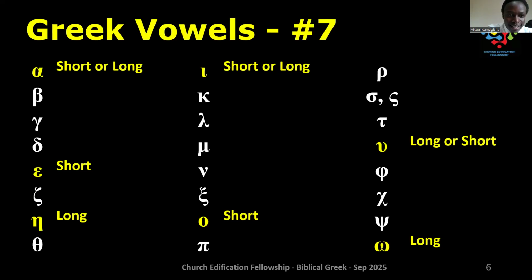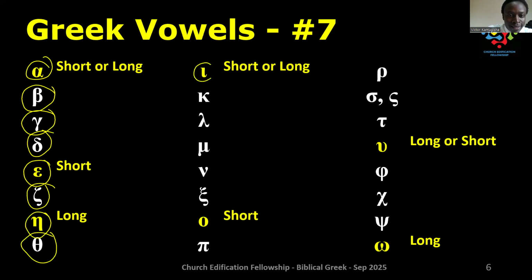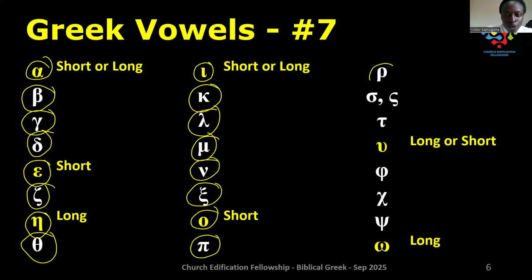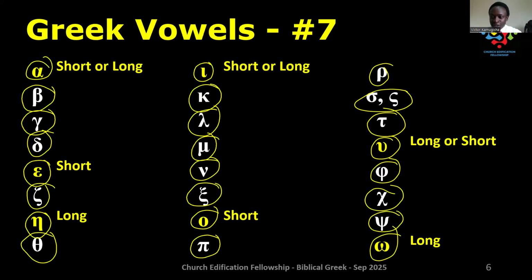The first one is alpha, beta, gamma, delta, epsilon, zeta, eta, theta, iota, kappa, lambda, mu, nu, xi, omicron, pi, rho, sigma, tau, upsilon, phi, chi, psi, omega. Yeah, it could be too challenging for the start, but with the practice, you will get better and better.